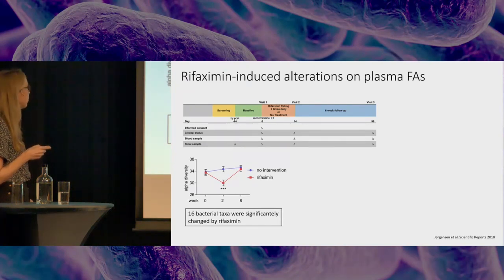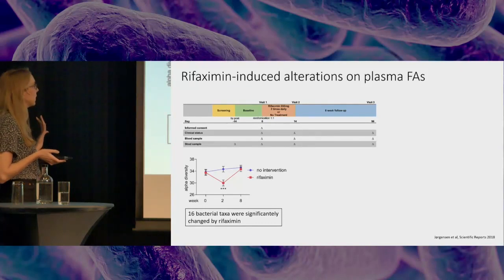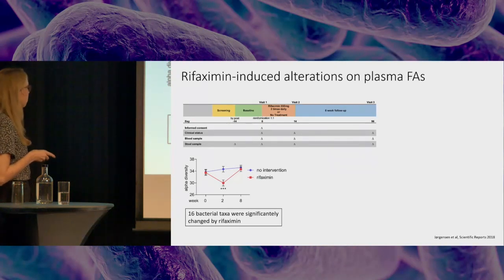And this is an important proof of concept because rifaximin is only negligibly absorbed systemically. So if you get any changes in the blood, it's probably due to the alteration of the gut microbiota. We also identified 16 bacterial taxa that were significantly changed by rifaximin.